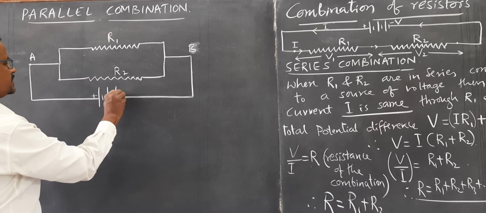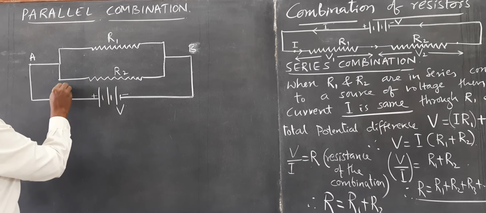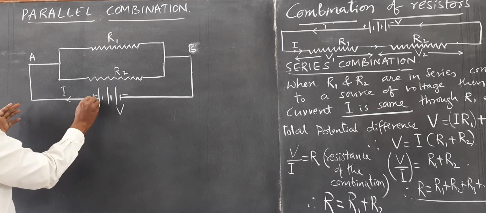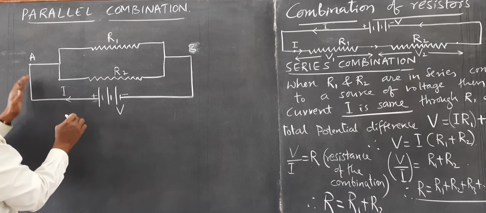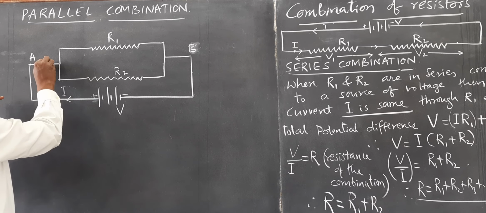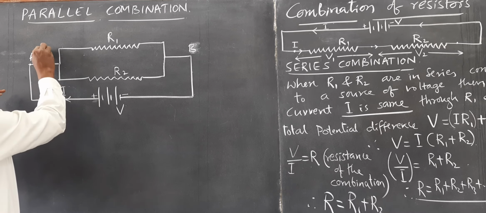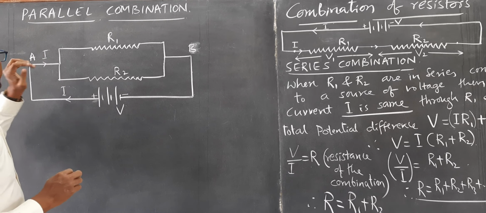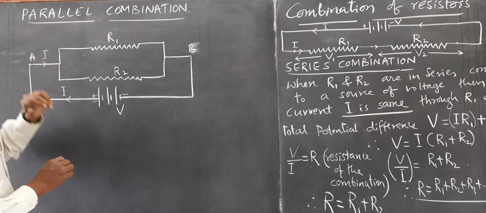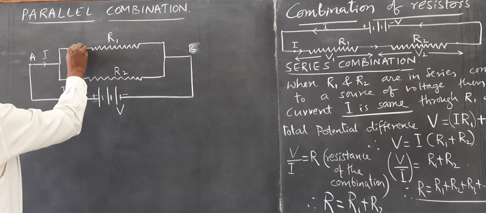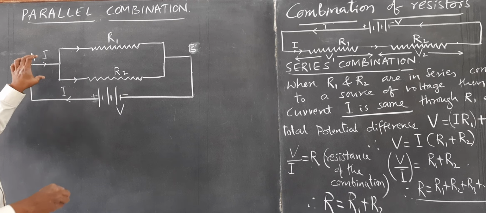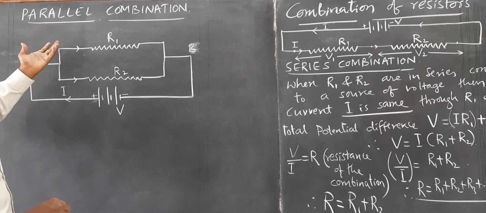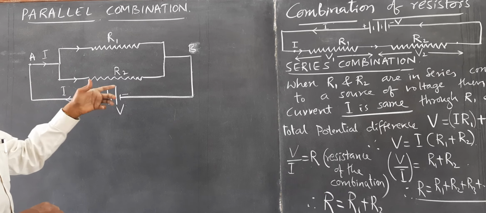This is the positive terminal and negative terminal. The current I starts flowing from the positive terminal of the battery and enters through the end A, and after entering A, you see it finds two branches. So, the total number of charges entering per second are now divided into two paths.